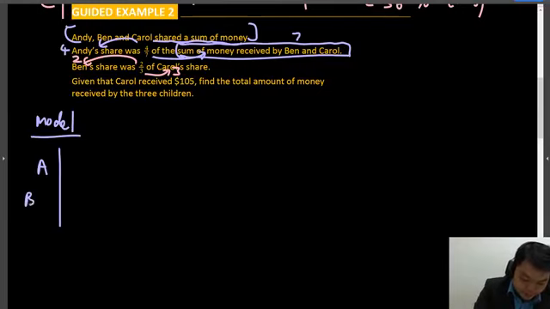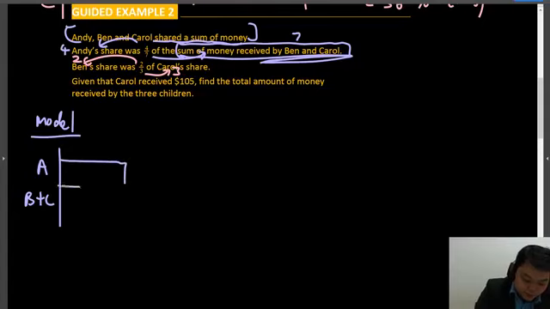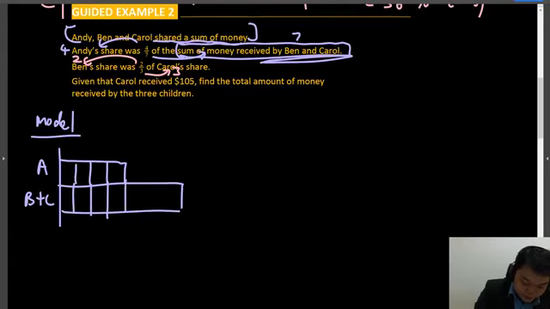Between A and B and C, treat this as one entire item. You have 4 blocks for A, and you have 7 blocks for Ben and Carol.